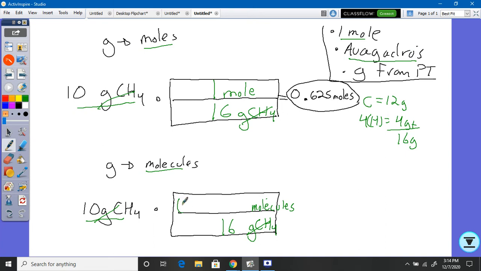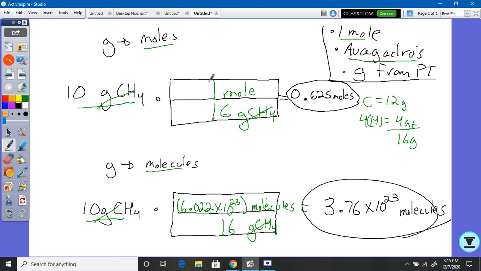You write 6.022 times 10 to the 23 molecules. So you are going to get a massive number. Your grams will cancel, and you multiply times Avogadro's number. When you multiply times Avogadro's number, please remember to use parentheses and close out your parentheses. So you end up with a massive number, 3.76 times 10 to the 23 molecules.